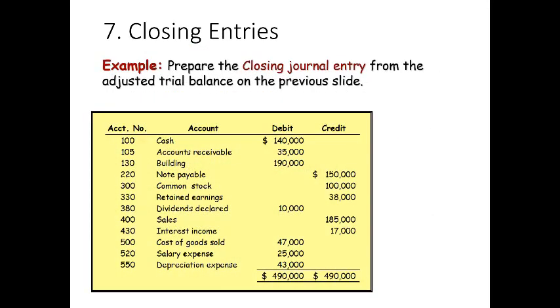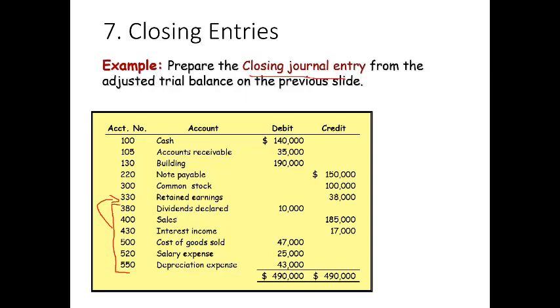Again, it's just a journal entry, a pretty quick journal entry. The closing journal entry here is going to close out all these dividends and everything that's part of net income. We're going to close it all out to retained earnings.